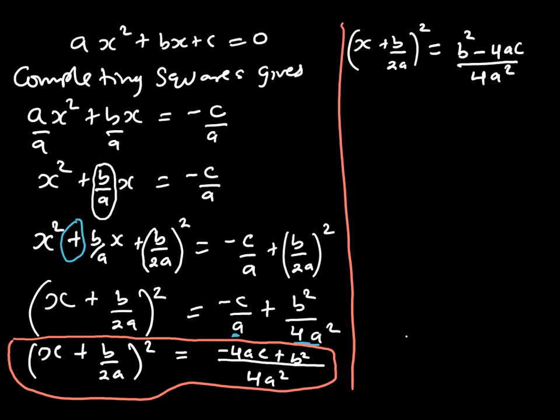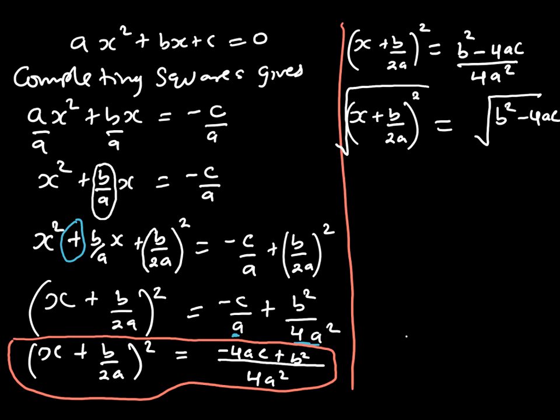Let's take the square root on both sides. We have x plus b over 2a, this is squared, we are taking the root on both sides, is equal to the square root of b squared minus 4ac divided by 4a squared.